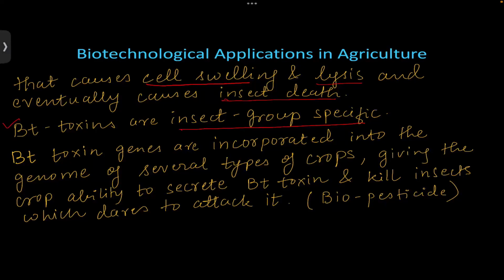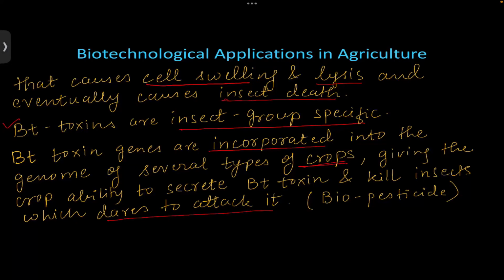So people have to first study those. Once they have understood this and mapped out which Bt toxins are effective against which kinds of insects, then the gene encoding the Bt toxin is incorporated into the genome of the crop, okay, where you want that particular toxin to be secreted and ultimately kill the insects which have dared to attack this plant.